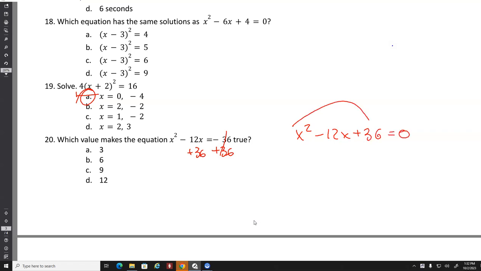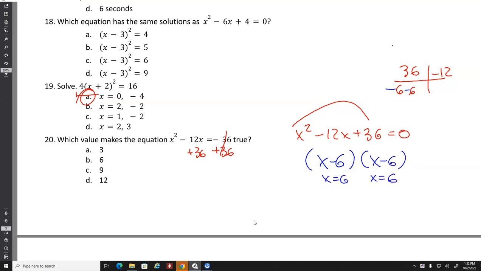Now, I can find 2 factors that multiply to 36 but give me negative 12, which is 6 and 6. Agreed? Now, both of them have to be negative to make sure that they give me negative 12. I get x minus 6 and x minus 6. So again, both answers are simply x equals 6, okay? So B is my answer.